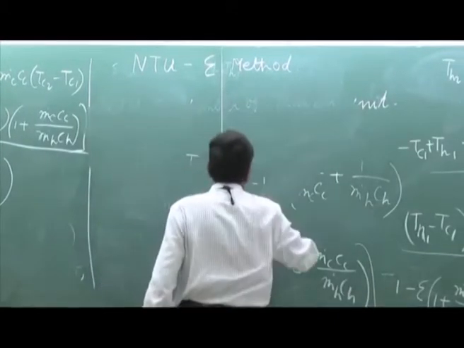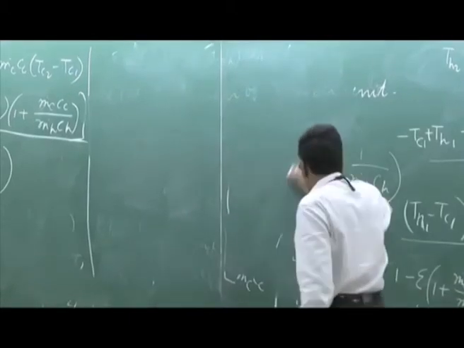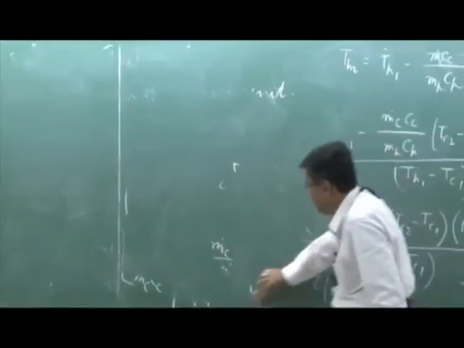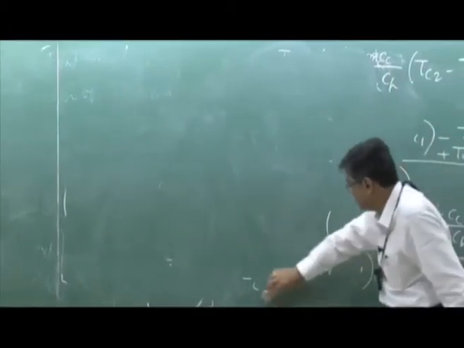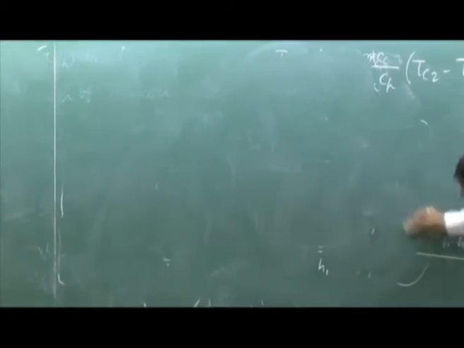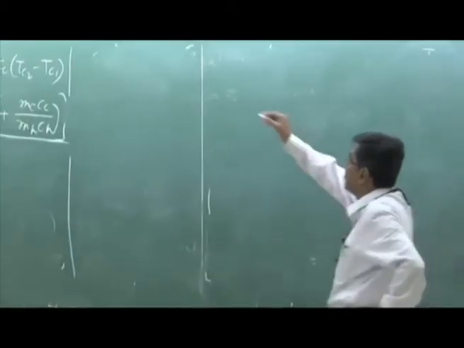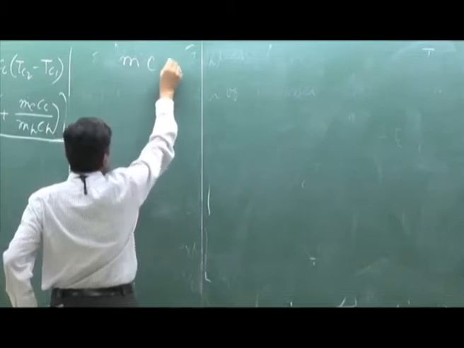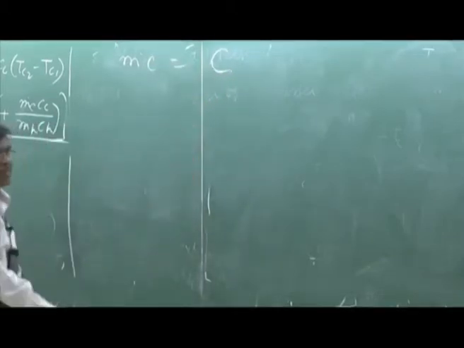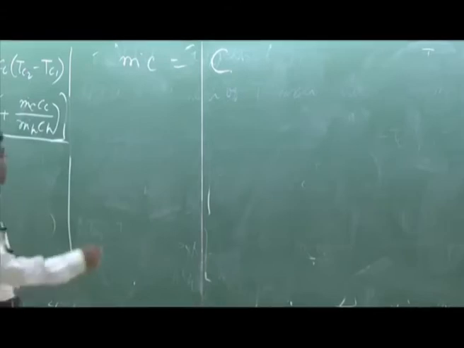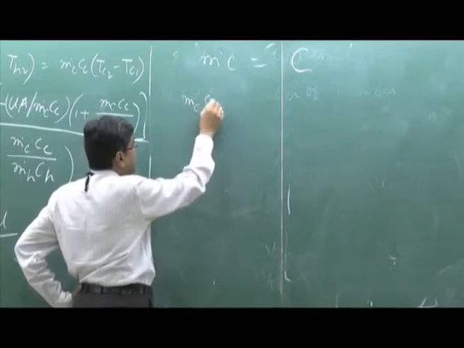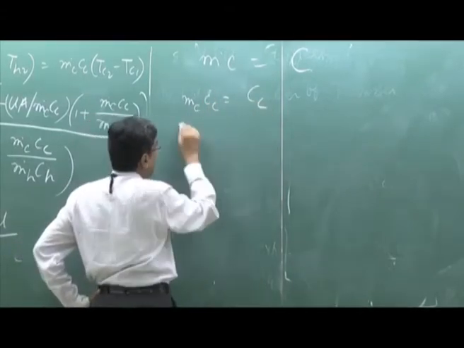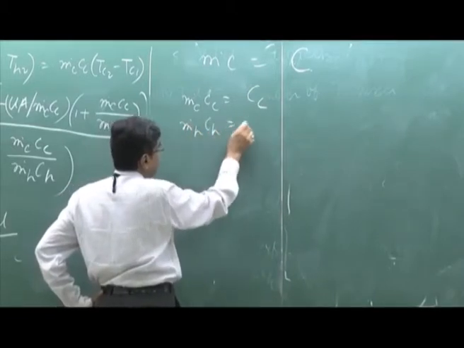If I make a very shortcut compact form by defining a parameter, now if I define it like this, m dot C as the capital C, that means the capacity rate or simply the capacity, and m dot CC is CC, and m dot HCH is equal to CH.